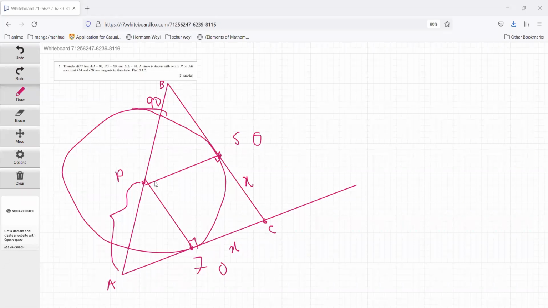Let's call these points of contact R and S. So CR and CS are both x. And so what I did was I dropped the perpendicular from C to AB.